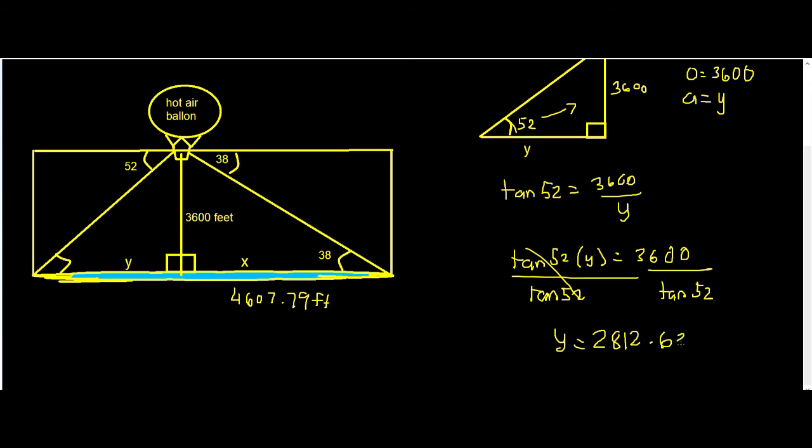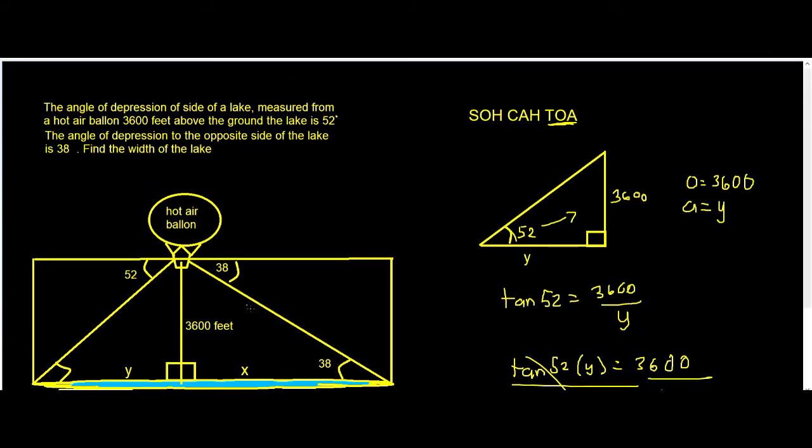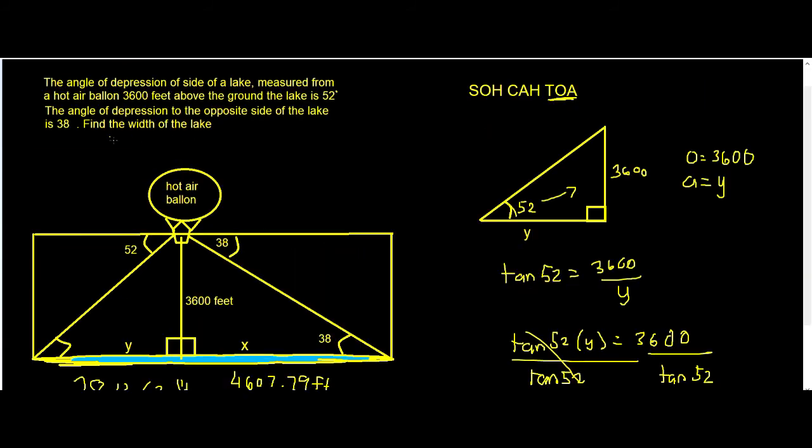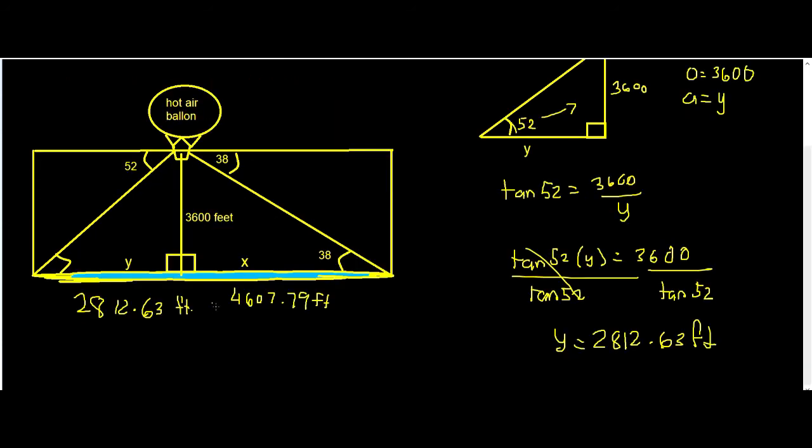2,812.63 feet. So this one is 2,812.63 feet. So now, how do you find the width of the lake? You just add the two. You have 2,812 plus 4,607.79.